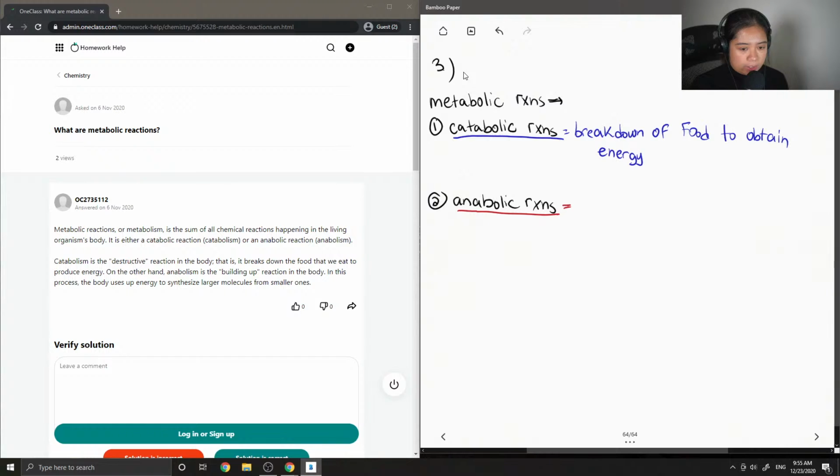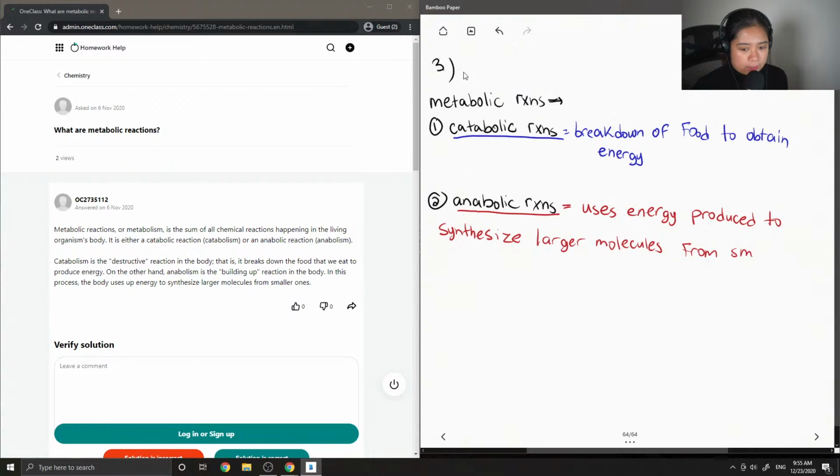So this is kind of like the opposite of catabolic reactions. Anabolic uses energy produced to synthesize larger molecules from smaller ones.